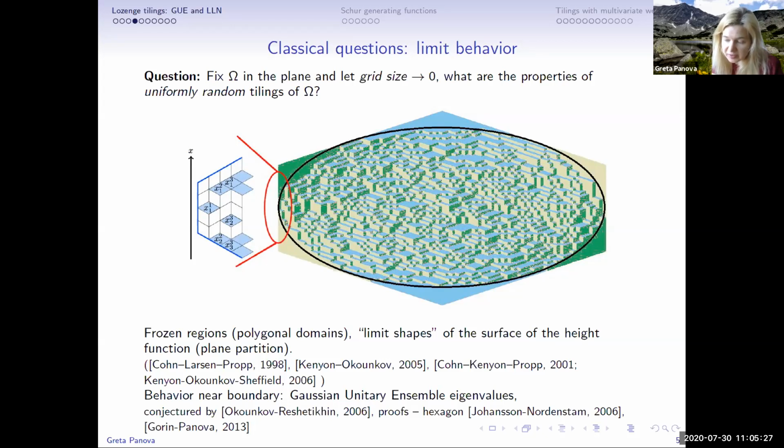So we are going to look at some region in the plane and look at all possible tilings. They are going to approximate a step surface, and we can start asking many probabilistic questions of how this surface behaves in the limit. So for example, the law of large numbers question, is there a limit shape that Rick was talking about last time?